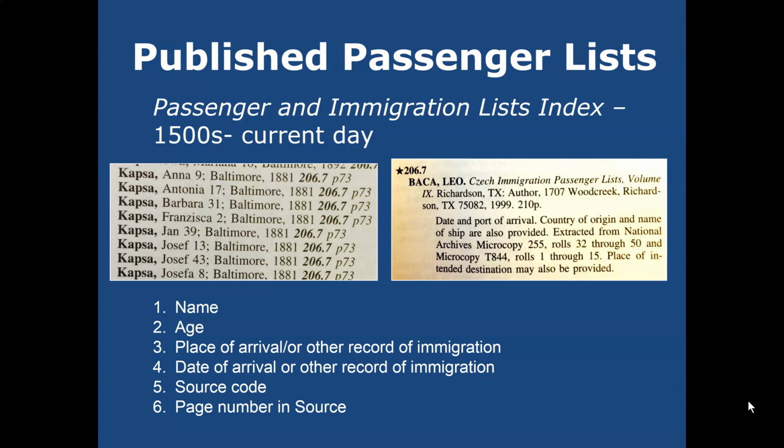So that 206.7 means this book that we see on the right, Czech Immigration Passenger Lists, Volume 9. And we could let you know in the Grosvenor Room if we have that other book. And if we don't have it, we could try to borrow it through Interlibrary Loan Services if you have a Buffalo and Erie County Public Library card.